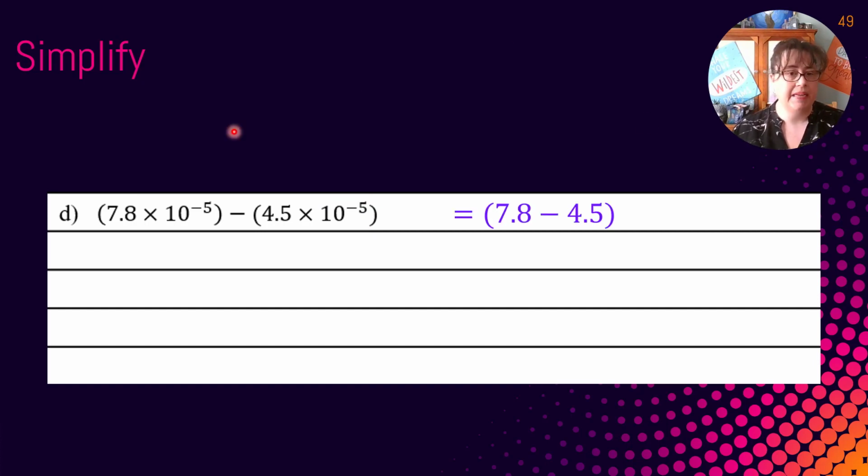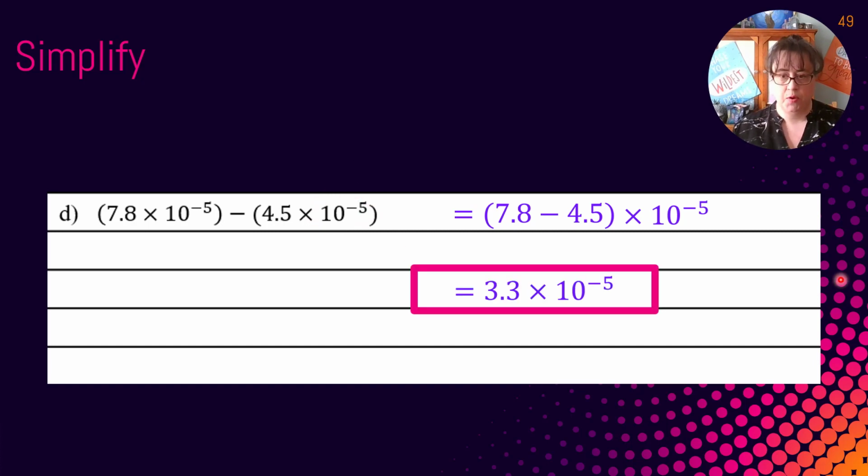Why is it minus? Because it's a minus right here. So 7.8 minus 4.5 times 10 to the negative fifth, because these were both 10 to the negative fifths. So now 7.8 minus 4.5 was 3.3, and the 10 to the negative fifth comes along. Make sure that you put the times in between because it is scientific notation.